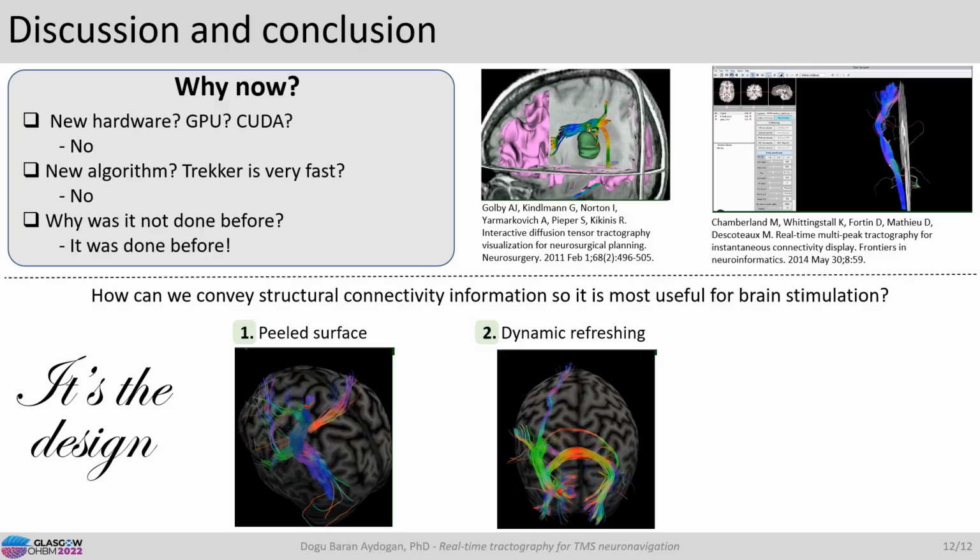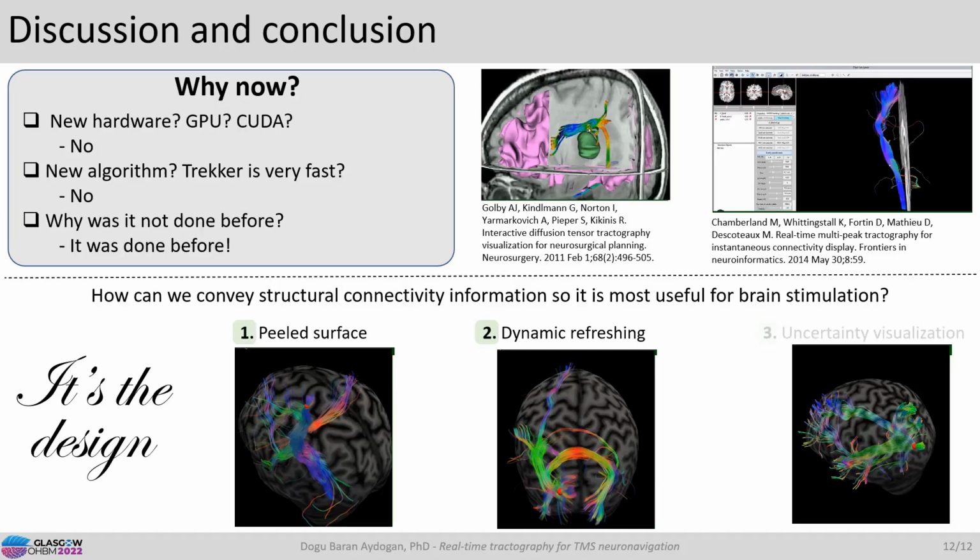So unlike previous works, we are showing a movie, not a photograph. The uncertainty visualization is purely made for real-time experience, which is the first time transparency is used to convey information about connectivity. Overall, we do believe we have a unique and working solution for TMS neuronavigation.